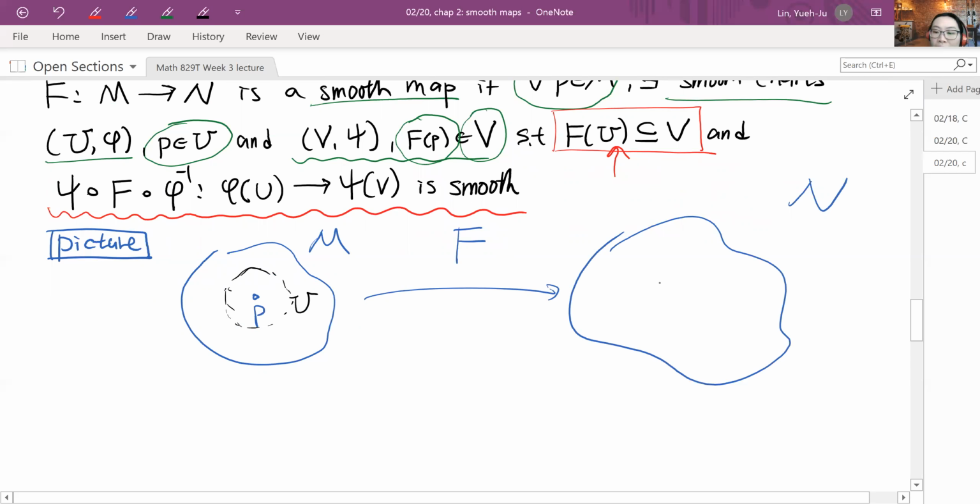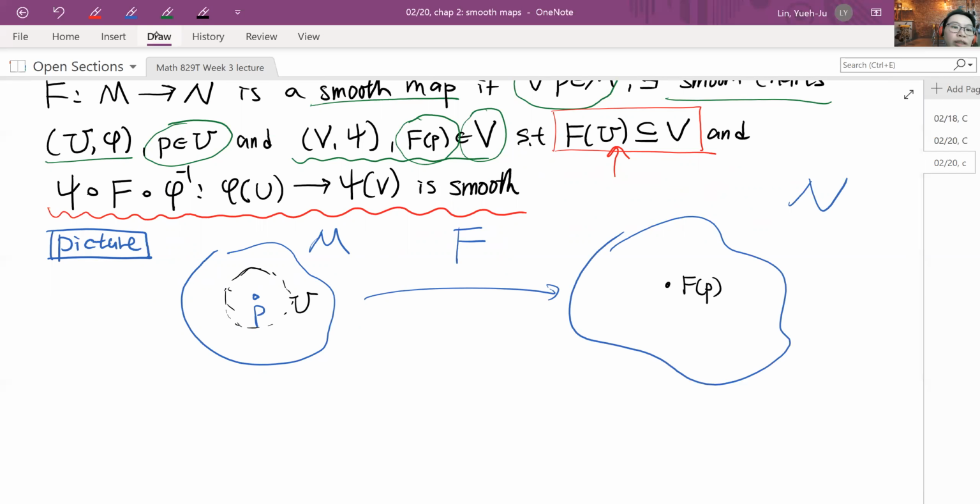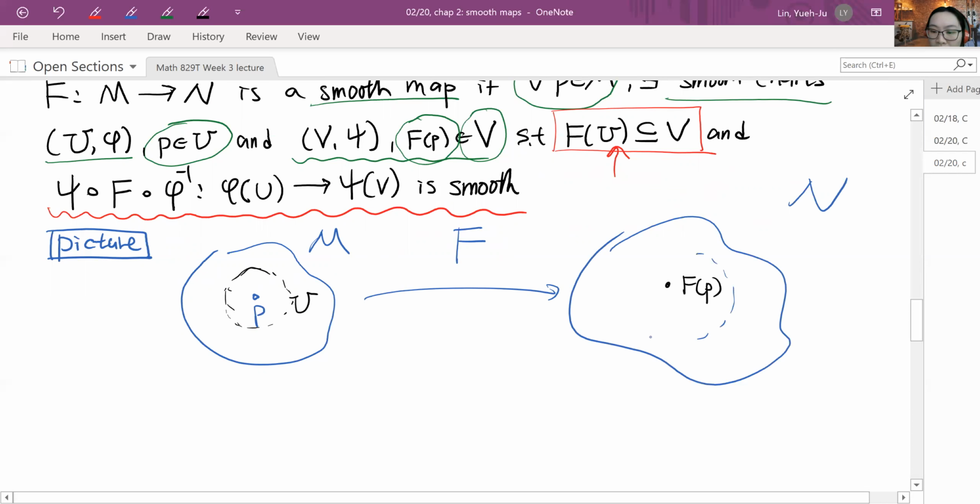And up here, I have F of P. I also want to find a chart V that includes F of P. But I need an extra condition, where F of U is contained in V. So this is F of U, and this is U.